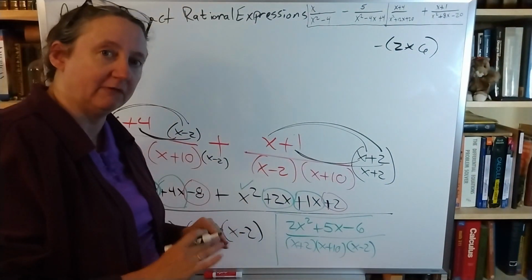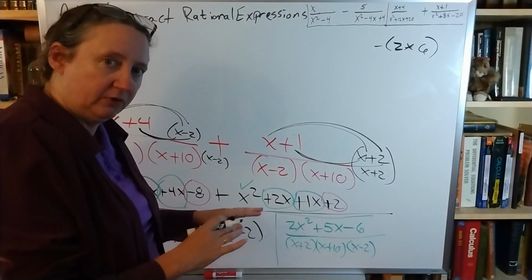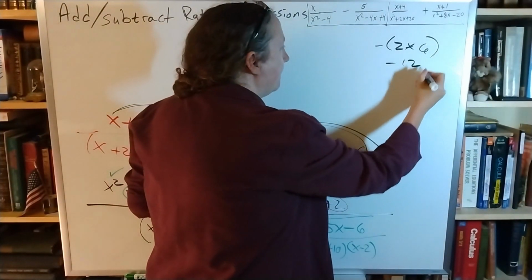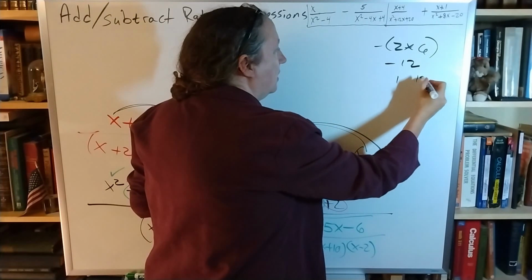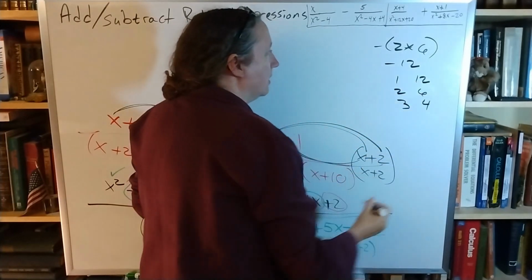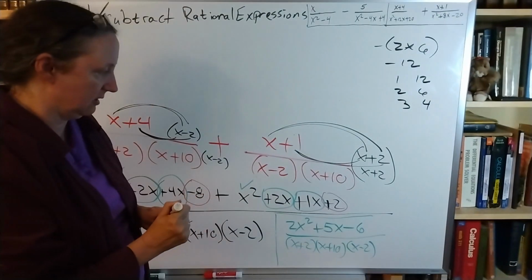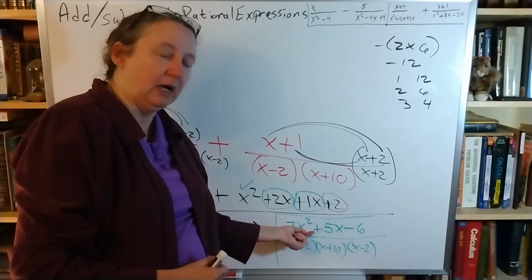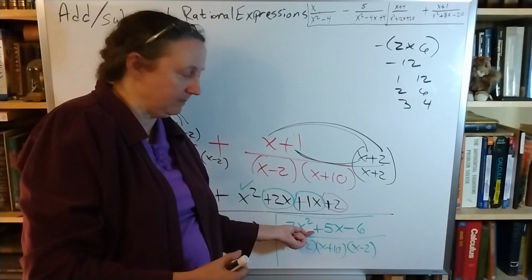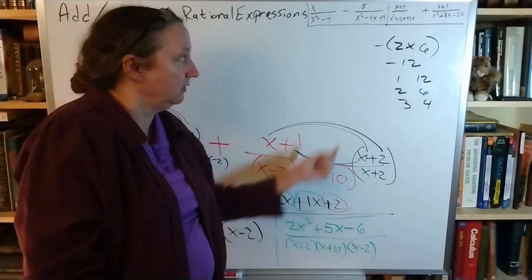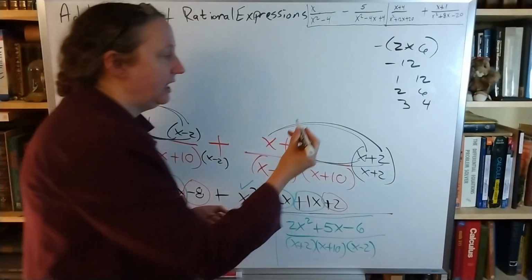So it's telling me I'm going to have different signs on the inside. So that's giving me negative 12. So I could do 1 and 12, 2 and 6, or 3 and 4. I know my signs are going to be different. I see the plus sign for my b term. I know that the larger number is going to be positive. Since my signs are different, the smaller number is negative.